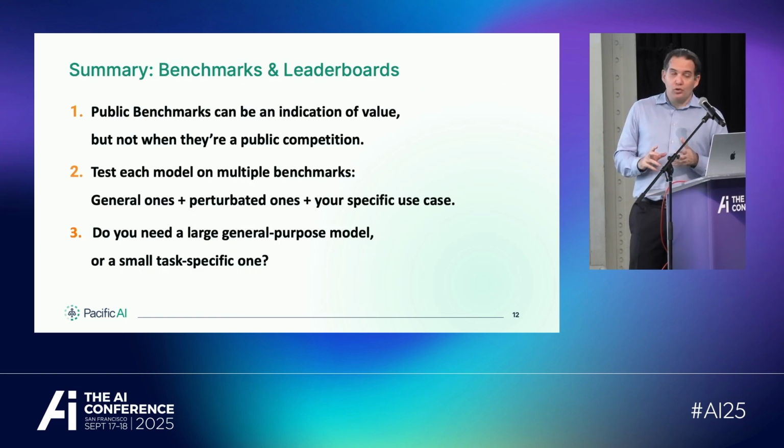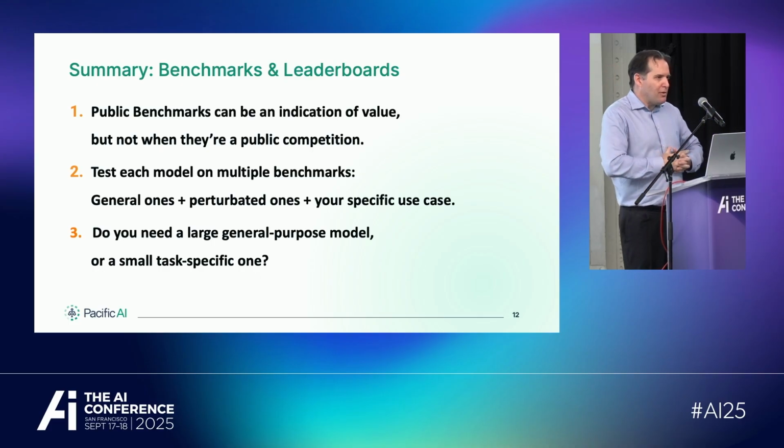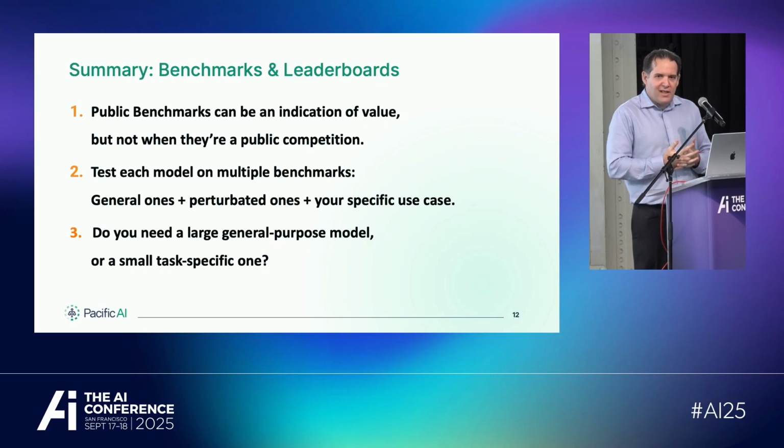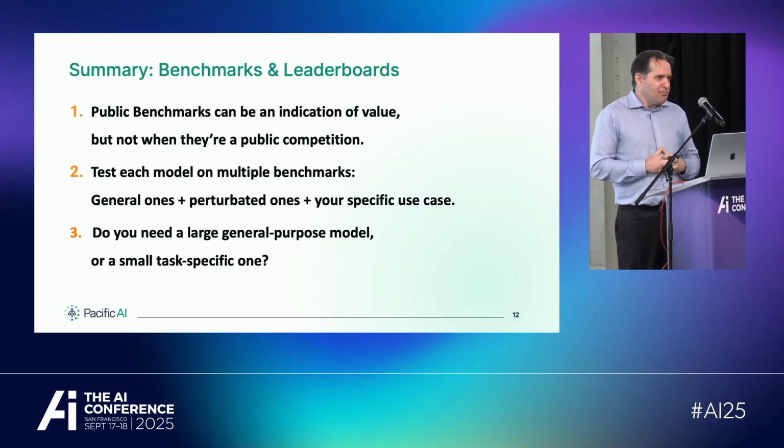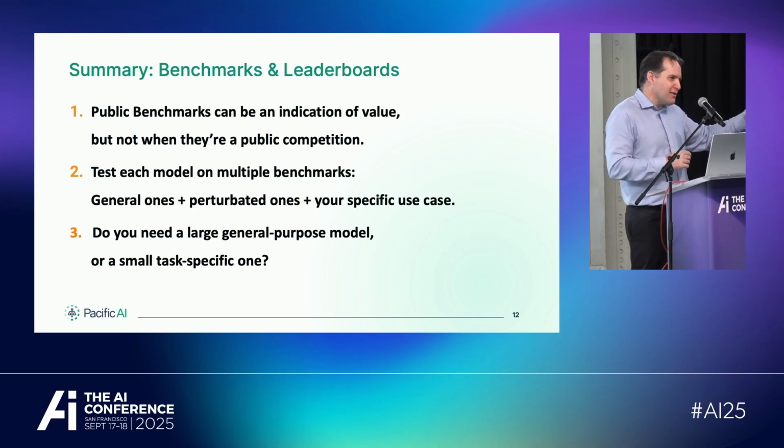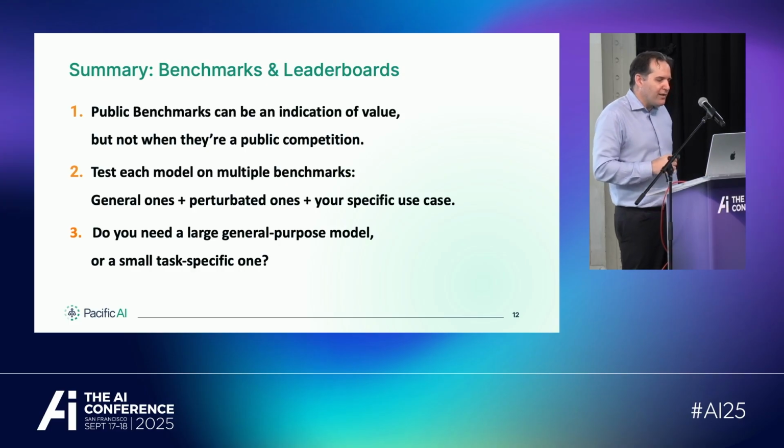So to conclude on this part, when you're looking at accuracy, be very careful with using public benchmarks. They can obviously be an indication, unless someone puts them on a leaderboard. Usually at that point they become useless very quickly, within 3 to 4 weeks.